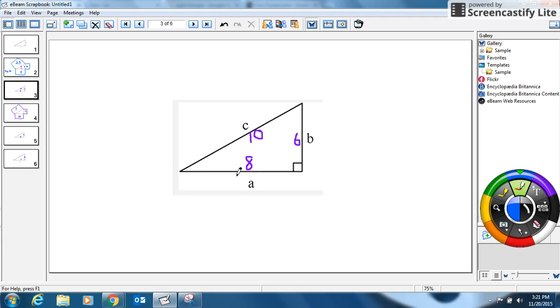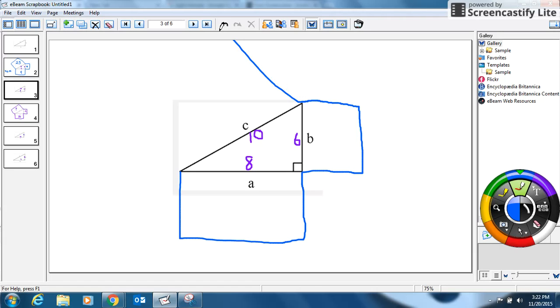Here's another example. So same thing. Let's draw our squares. I'm just going to do it really quick here. It's going to look more like a rectangle. I apologize, but you got to use your imagination a bit, as Mr. Norman here tries to do his best. Okay. Well, what would the area of this square be here? Well, the side length of this square is 8, so I know 8 times 8 is 64.